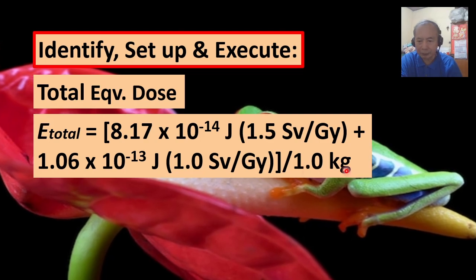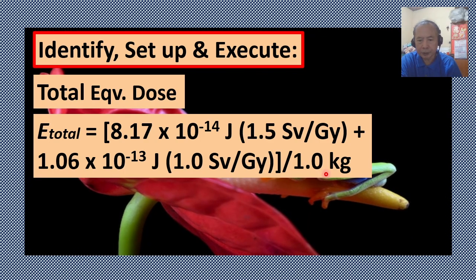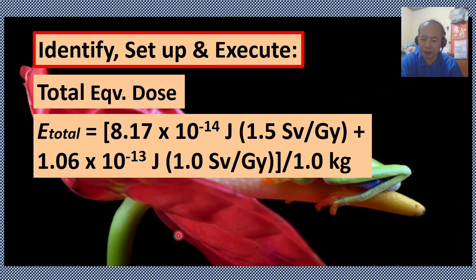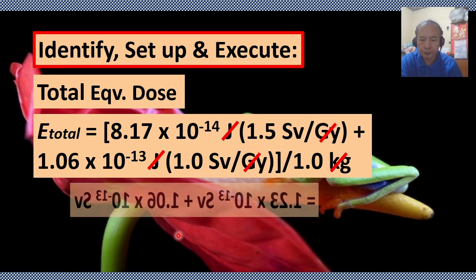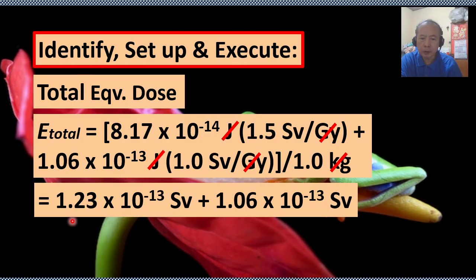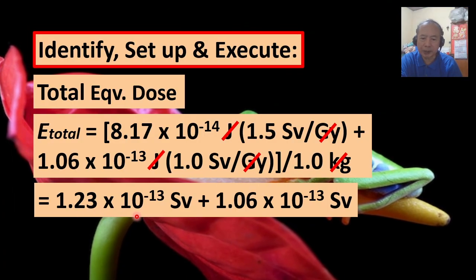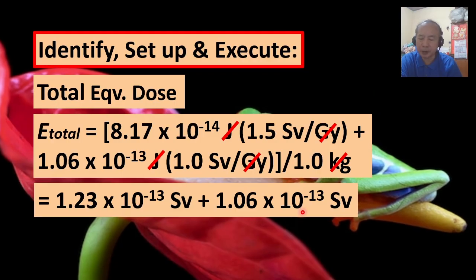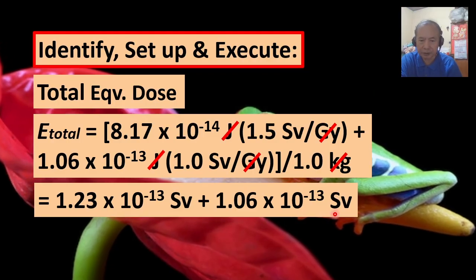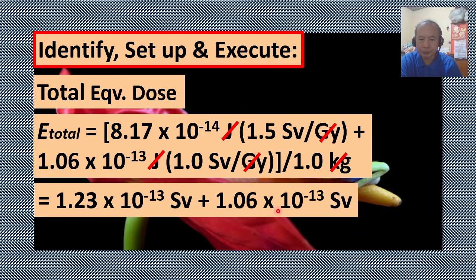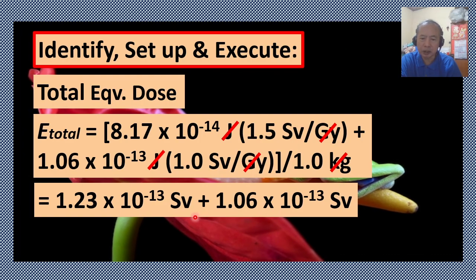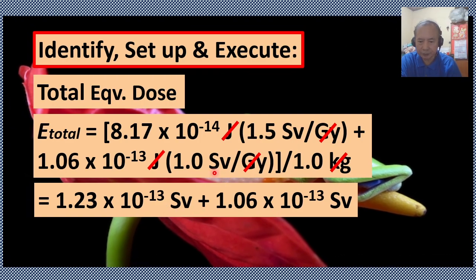1.0 kilogram. Okay, and this simplifies to 1.23 times 10 to the negative 13 sieverts plus 1.06 times 10 to the negative 13 sieverts. All right. We expect that the unit for the equivalent dose is the sievert.